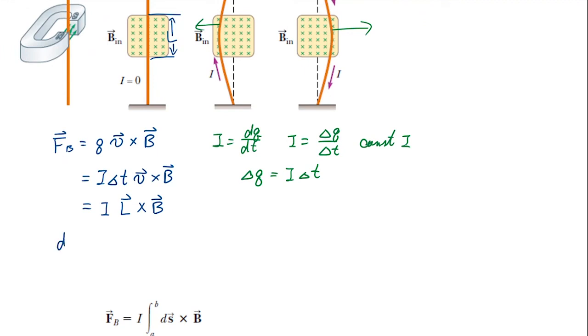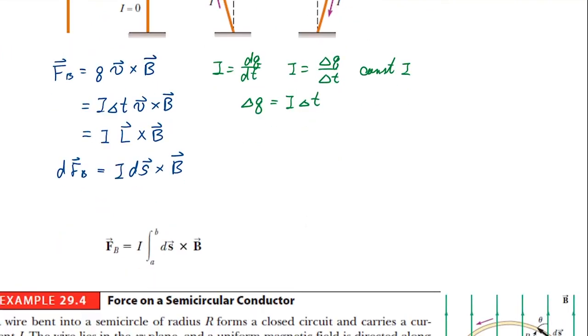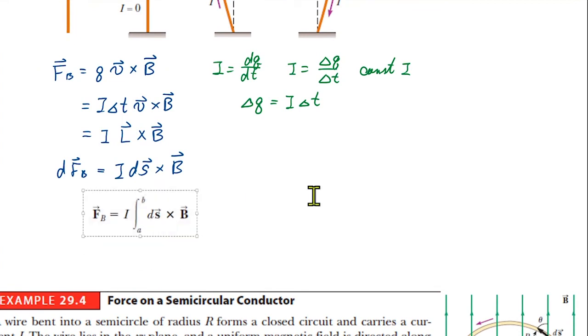So your dF due to the magnetic field is I, the constant current, and we just replace L with ds. And then we integrate it. So we get this kind of expression. You get it? Good.